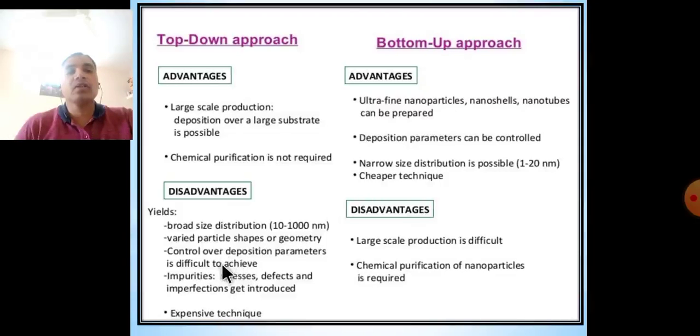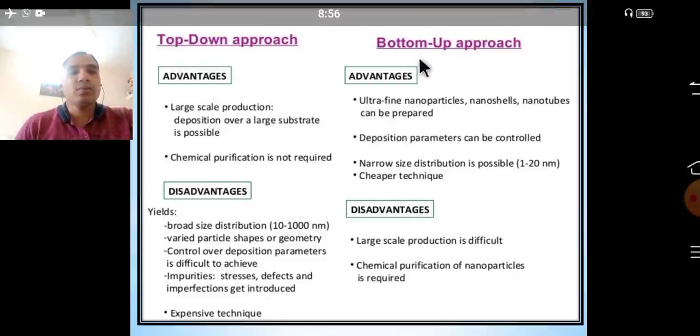In the preparation of nanomaterial, it is difficult to control the deposition parameters to achieve the particle size. Impurities, that is stresses, defects and imperfections, get introduced. It is an expensive technique.